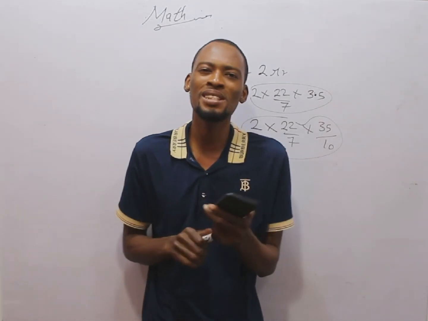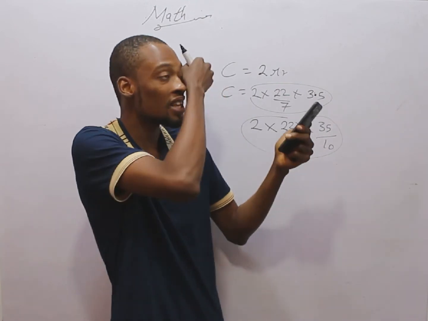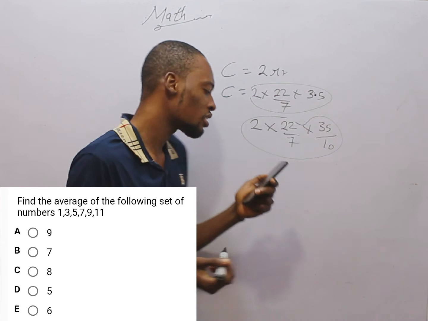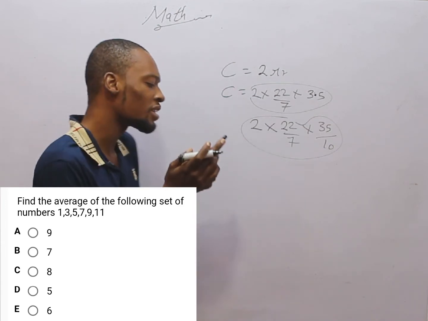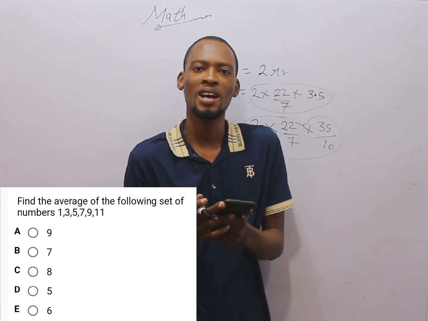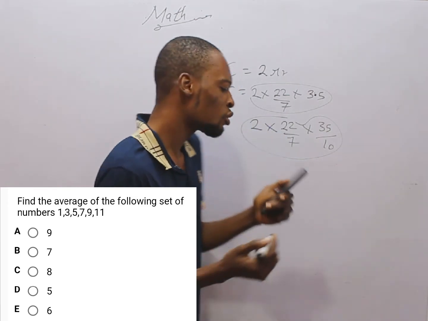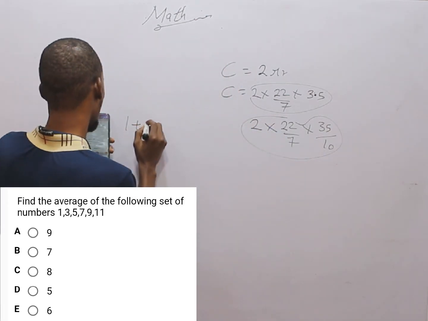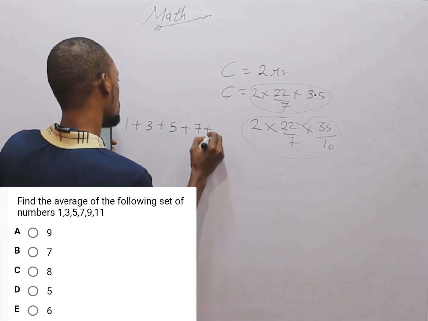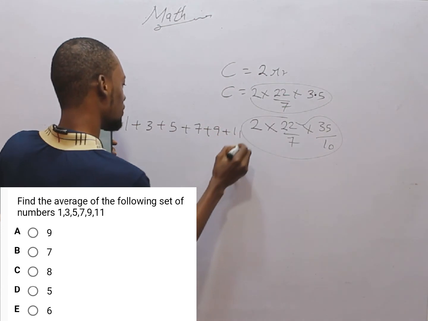Find the average of the following set of numbers. Average is the same thing as mean. So if I say find the average and I say find the mean, we are speaking the same language. We are given 1, 3, 5, 7, 9, and 11. How do you find average? You simply add all the numbers, 1 plus 3 plus 5 plus 7 plus 9 plus 11.